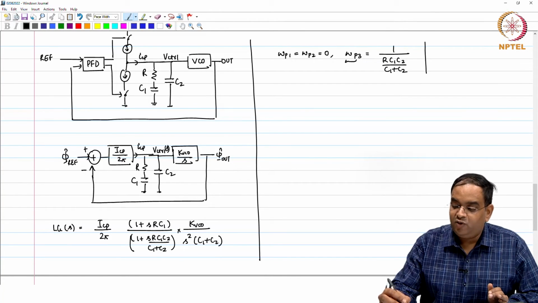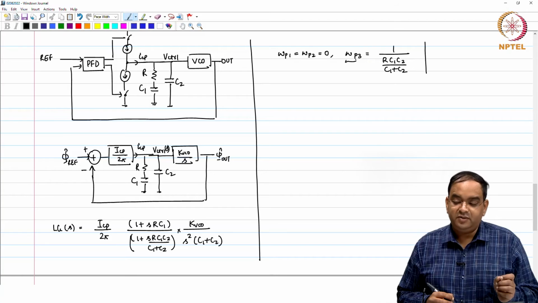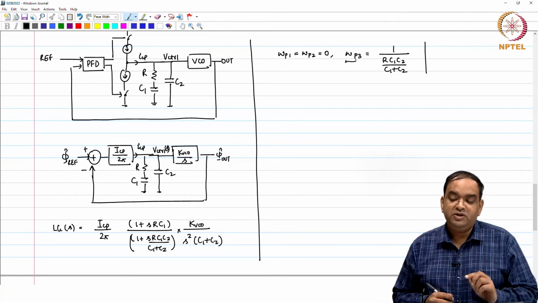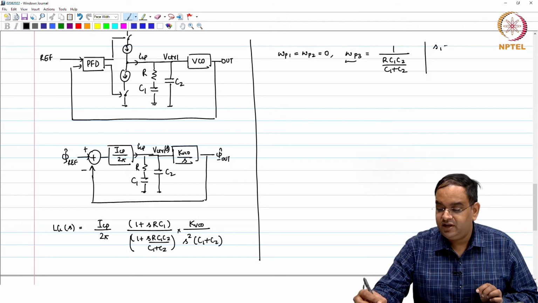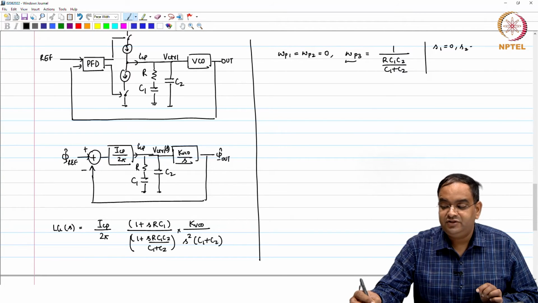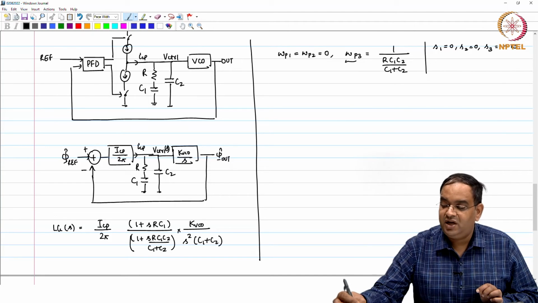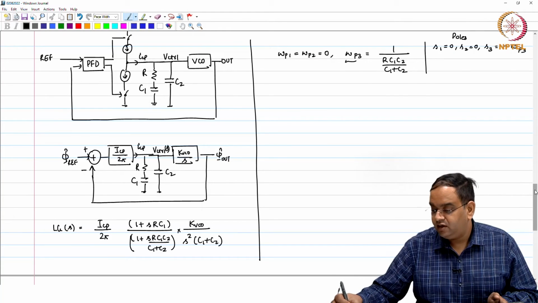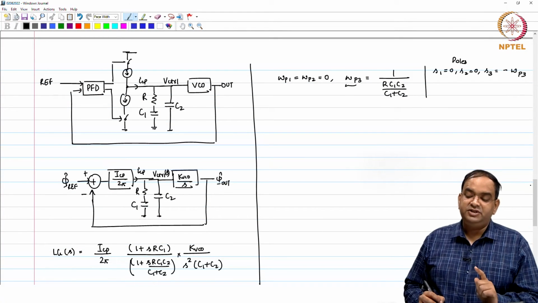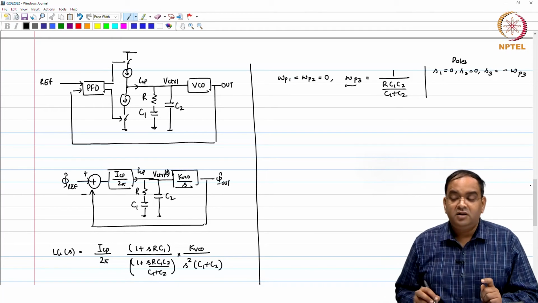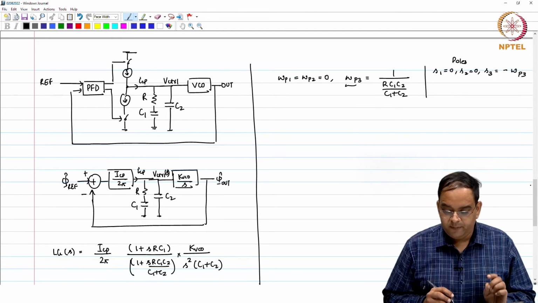Here when I am writing omega p3, I am saying it as a pole, but just the frequency part. Poles S1 is 0, S2 is 0 and S3 is minus omega p3. Okay. So, I want to avoid any confusion here. The omega p3 is 1 by R C1 C2 by C1 plus C2, not our pole.